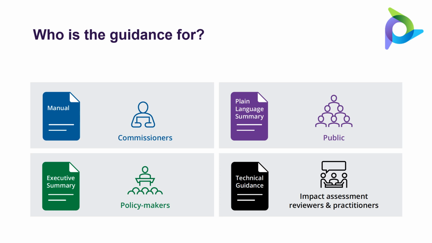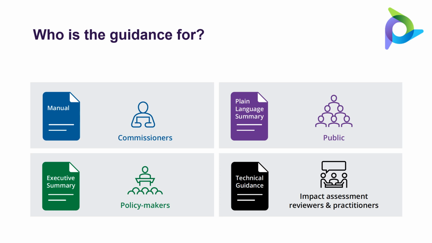Just to mention briefly the intended audiences for each of the guidance documents that we talked about in the previous slide. The plain language summary has been developed for the general public. The executive summary is aimed at officials and leaders in all sectors whose decisions can directly or indirectly influence the health of populations.